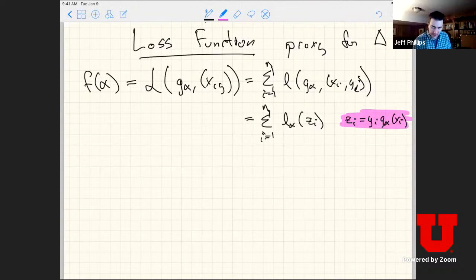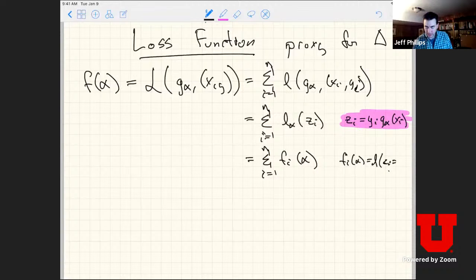Okay, and then this will be a sum from i equals 1, and we'll think of each term as fi of alpha, right? Where fi of alpha is equal to this loss function of zi, which is equal to yi g of alpha of xi.